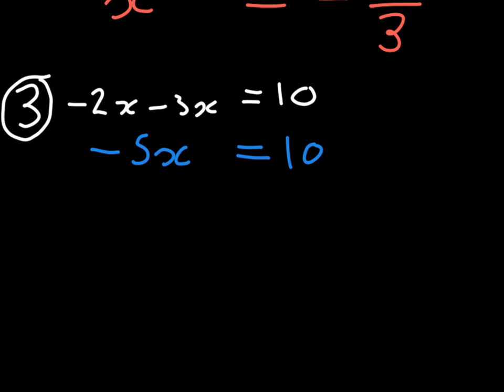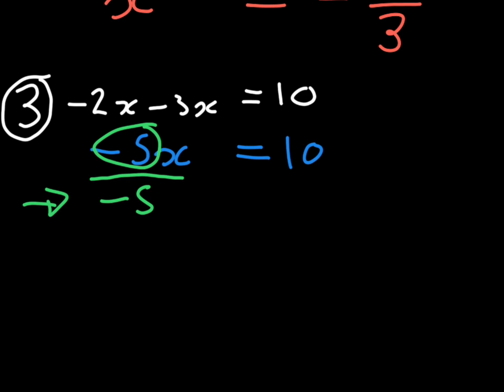And once again, we want to make sure that x is alone because we are trying to find what x equals. We want the value of x. So to get x alone, we divide by its coefficient. And its coefficient, as we can see, is minus 5, which is why we divide by minus 5.